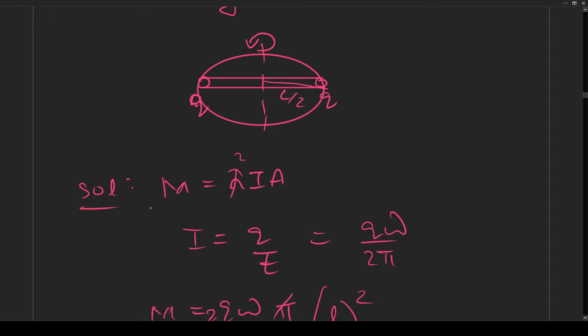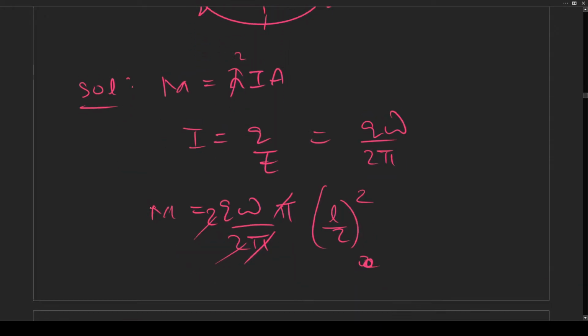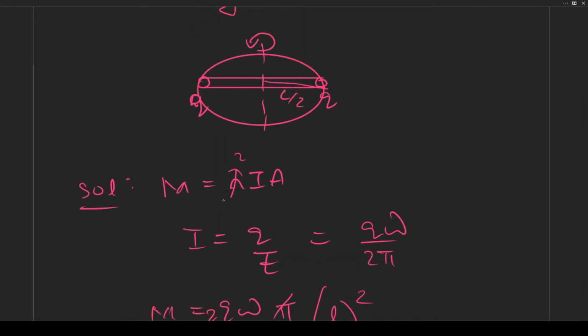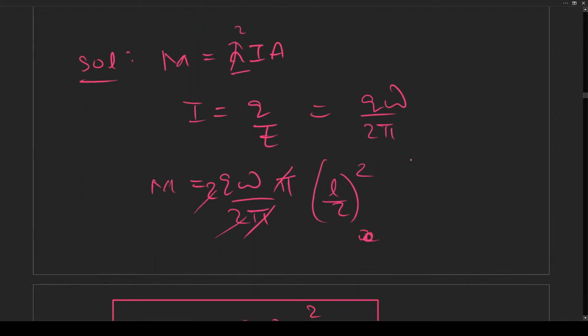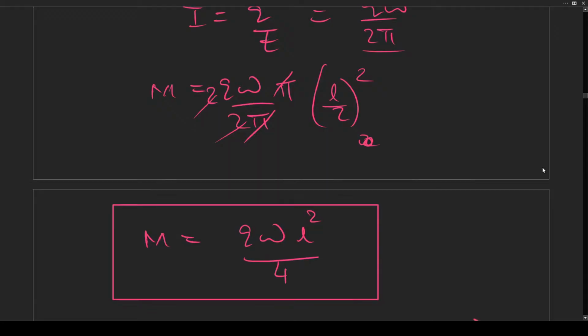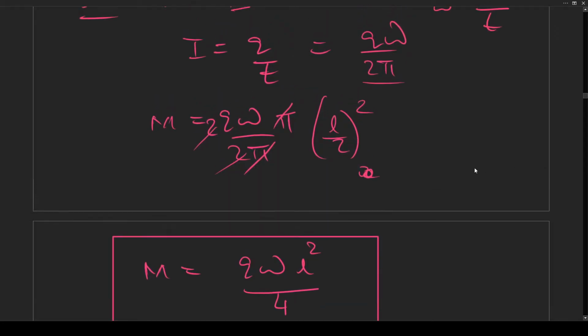The key part to this question, which is basically the first key part, is assuming n as the number of loops, which is equal to 2. The second part is this relation, omega equals theta by t, or 2 pi by T, this relation, and considering the loop, which is pi r square area.